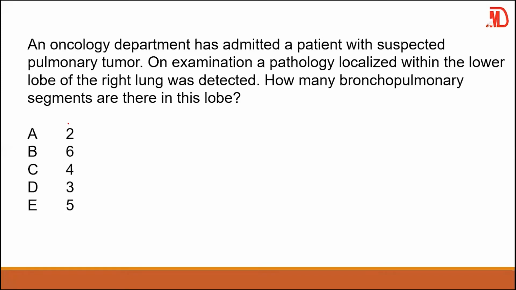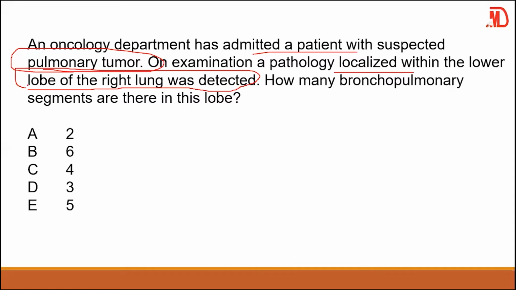An oncology department has admitted a patient with a suspected tumor in the lungs. On examination, a pathology localized within the lower lobe of the right lung was detected. Guys, look very well.